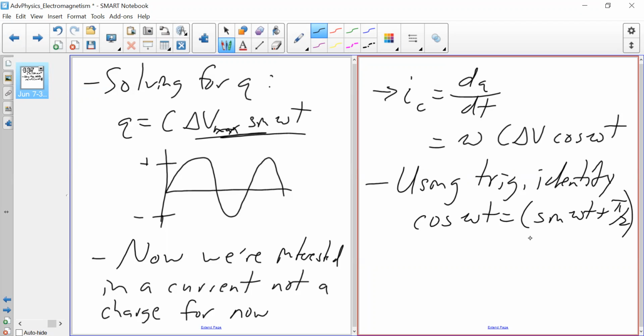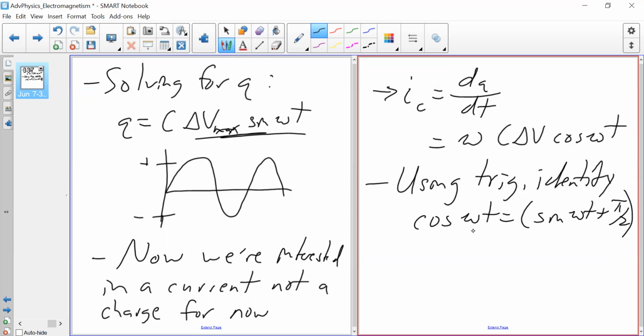Simplest terms as you can, break it down. It means that the sine and cosine are out of phase by pi over 2. So the cosine function leads the sine by pi over 2, positive.